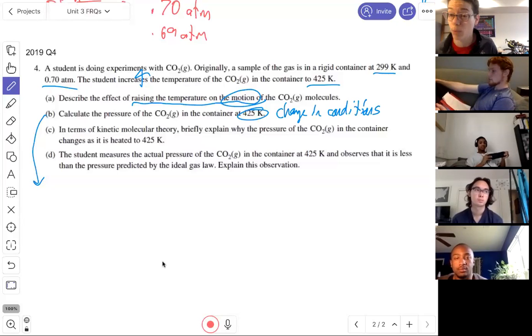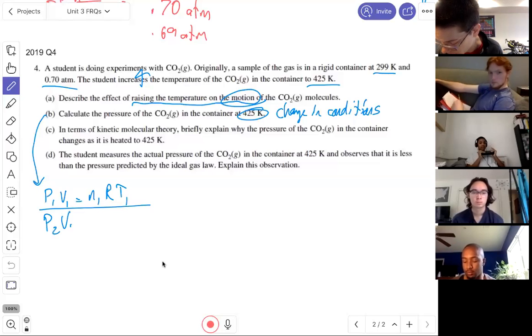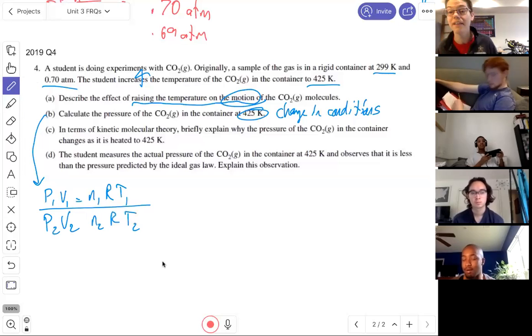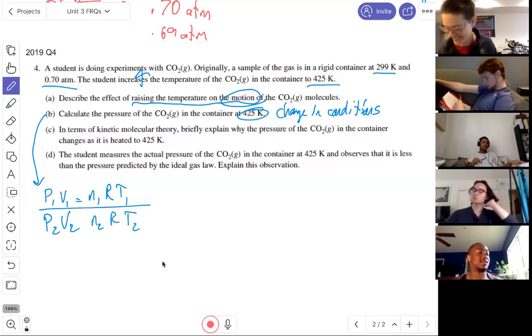It should be bigger than 0.70. But when you do this, this is where I said stack PV=nRT on top of itself and cross out what they don't mention. Now the other thing is, you can just write the combined gas law on your formula sheet. What is it?